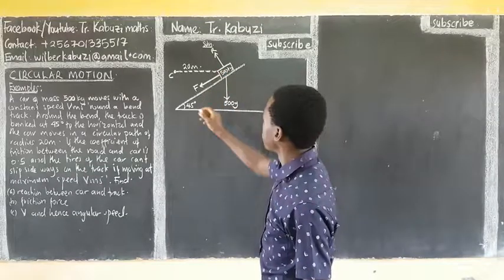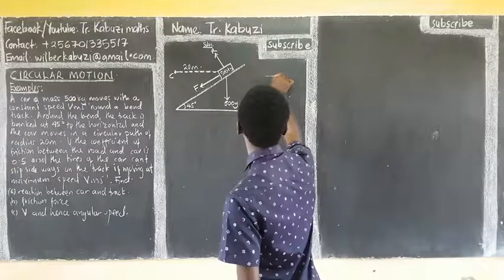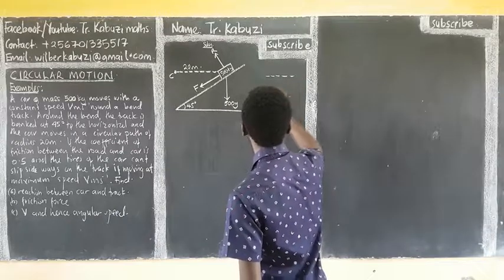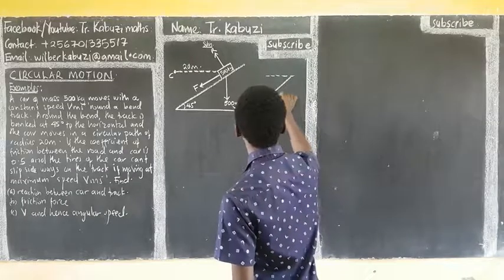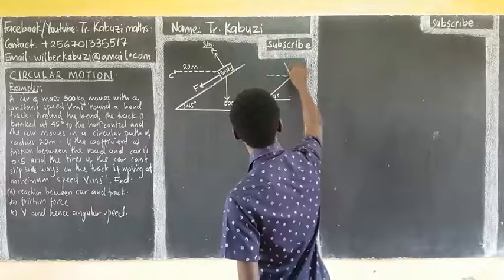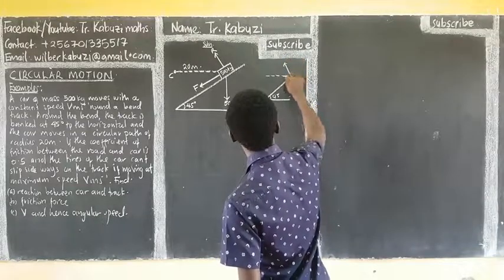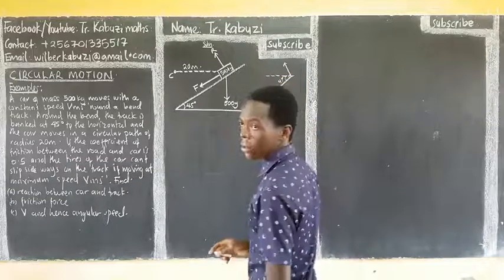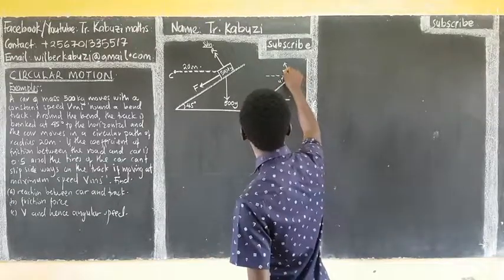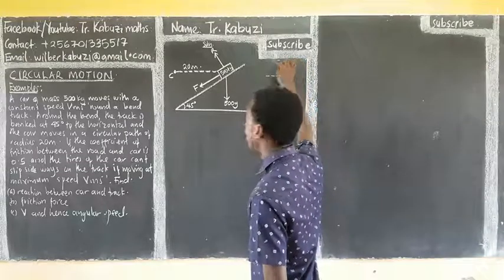Now you note that if I'm to bring for you this diagram, I think you can see the idea we are having. We are having this, and then we are having this as 45. Remember, we have also that. So if this is 45, it means that this one is going to be 45. This angle is always equal to that angle, and so this one is also going to be 45, because this is always 90 minus the angle there.